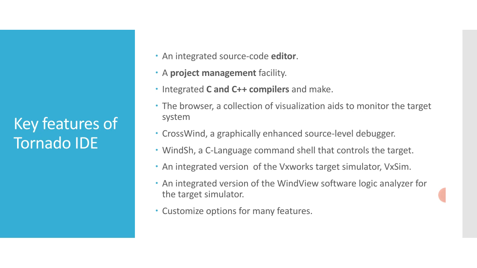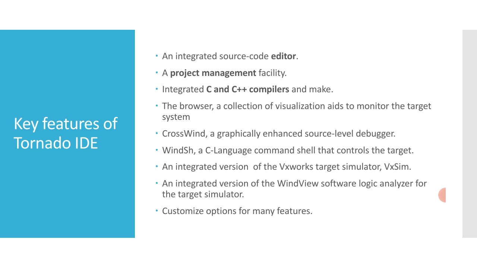An integrated version of the VxWorks target simulator named VxSim. An integrated version of the WindView software logic analyzer for the target simulator, and many customization options for many features. The Tornado environment is designed to provide this full range of features regardless of whether the target is resource rich or resource constrained.